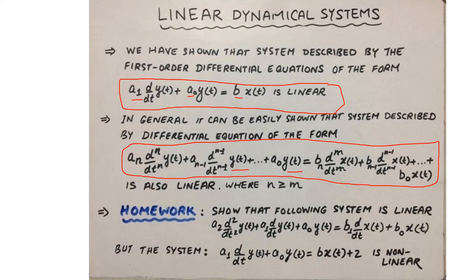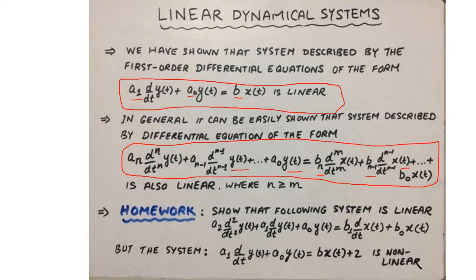And the order is not dictated by the coefficients appearing on the right hand side containing the derivatives of the input. We shall discuss in detail how we determine the order of the system, but here we are restricting our definition of the order to the order of the differential equation.